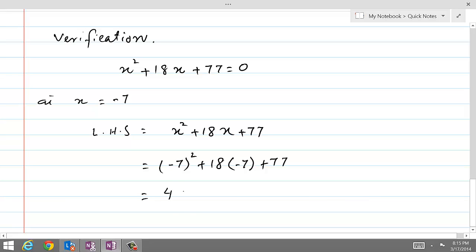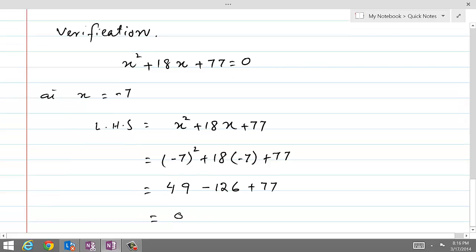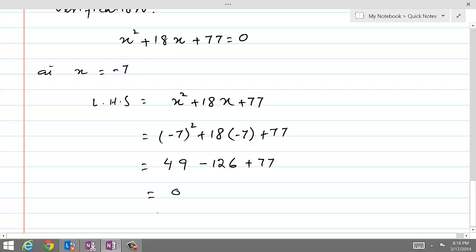This is 49, and this is 18 times 7, which is 126, plus 77, which is equal to 0, the right hand side. The left hand side is equal to the right hand side.